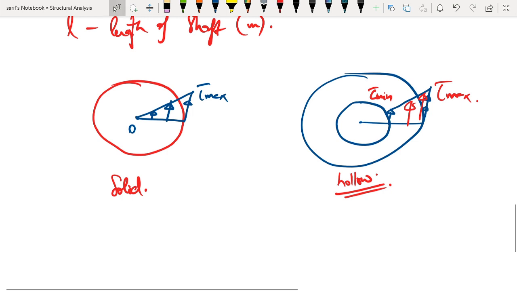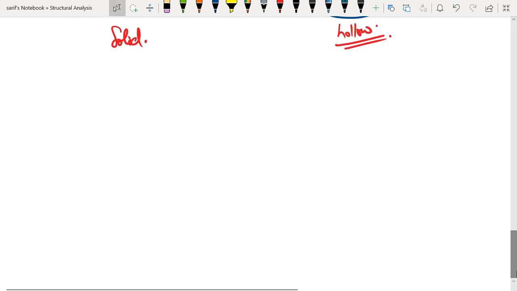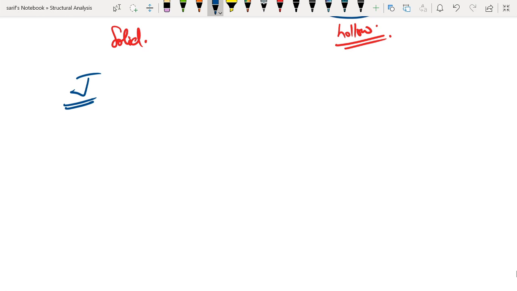Now we also need to know how do we define this polar moment of inertia. So if you look into the expressions for polar moment of inertia, that is J. We have learned that polar moment of inertia is the same as Iz, which is the same as Ix plus Iy by the perpendicular axis theorem.